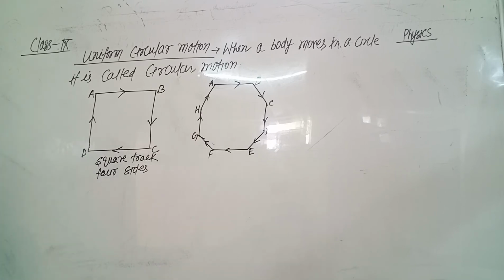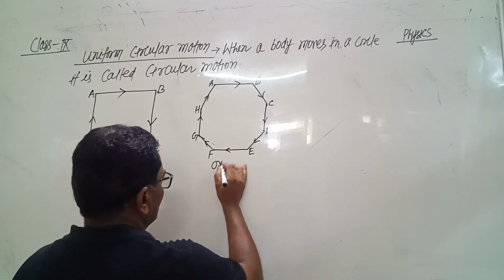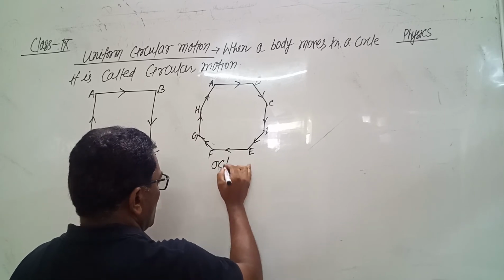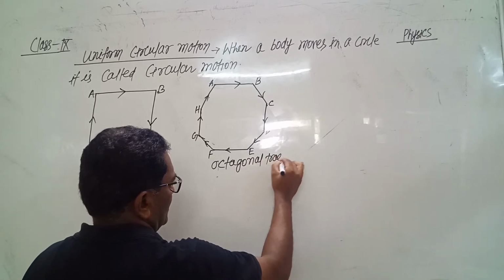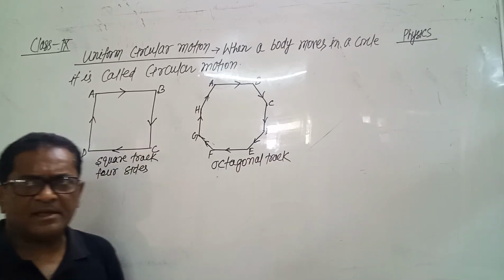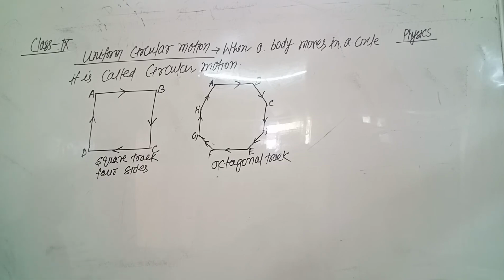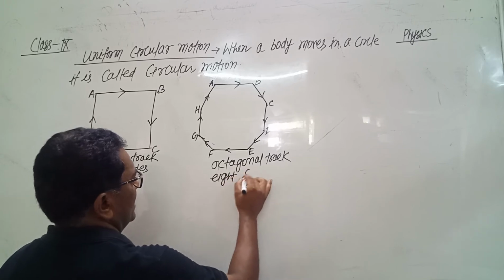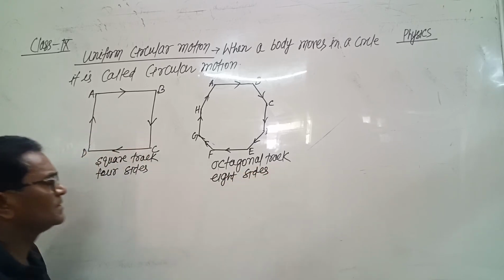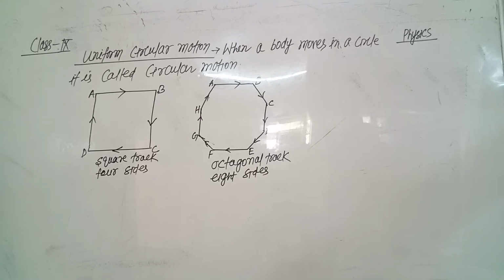There are 8 sides, and 8 sides means this is the octagonal track. A track having 8 sides is called an octagonal track.